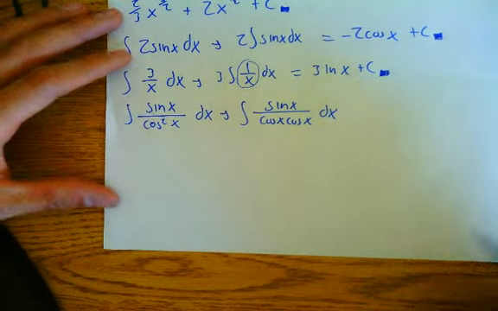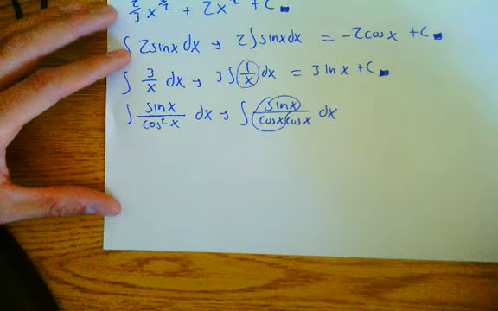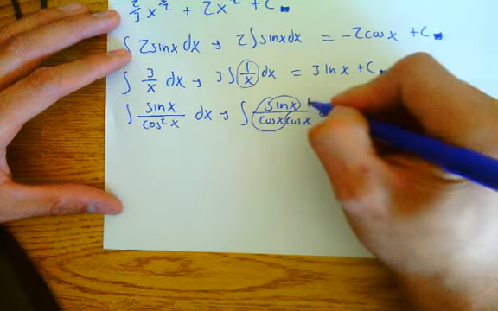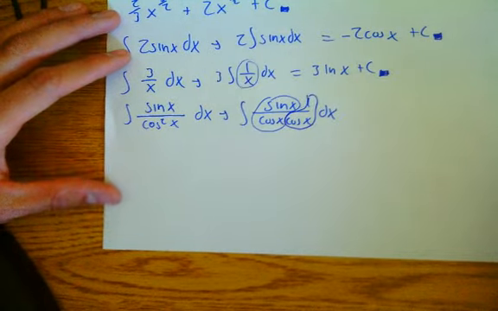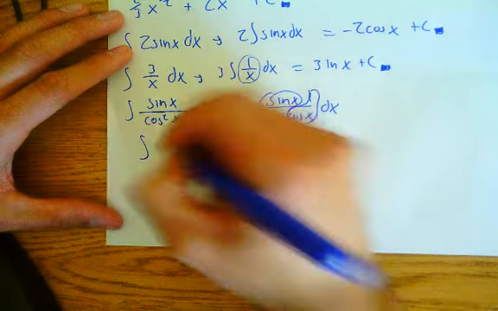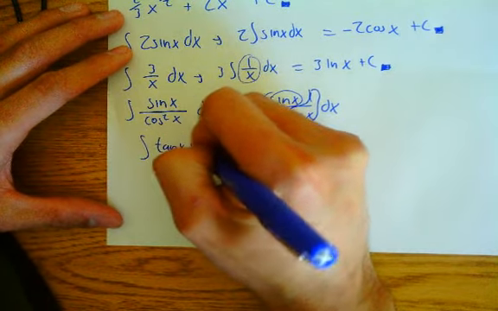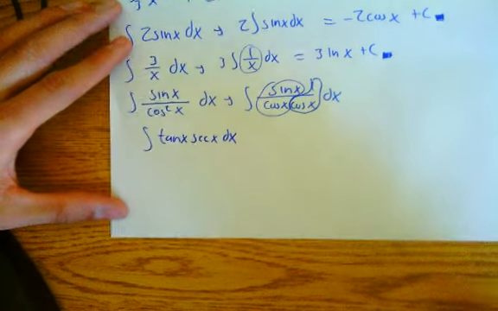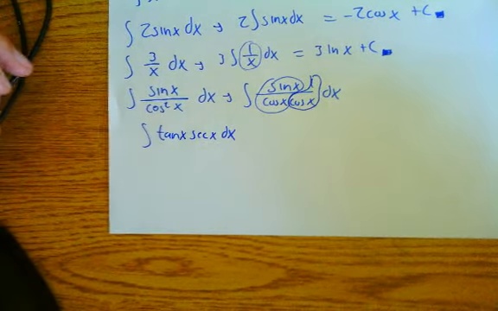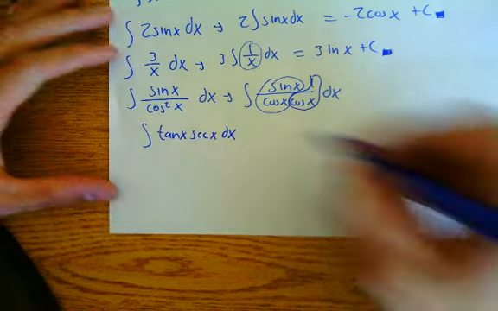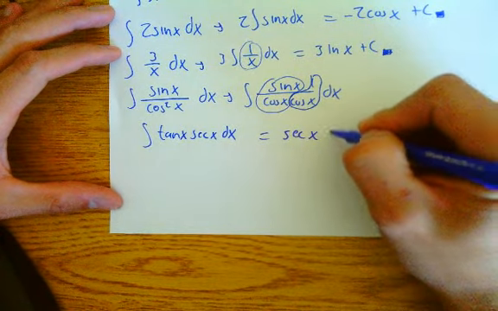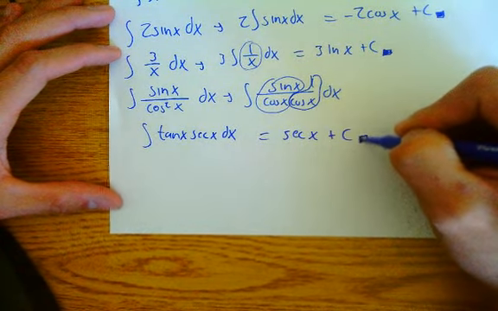What would happen if I do that? Sine over cosine is tangent. 1 over cosine is secant. So it becomes the integral of tangent x secant x dx. What has a derivative that is tangent secant? Secant x plus c.